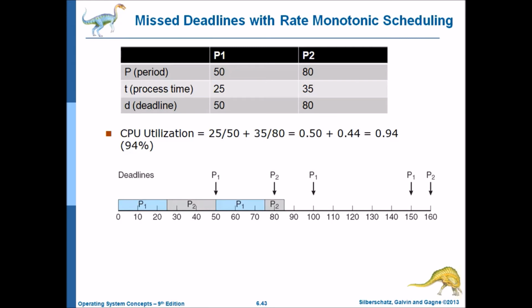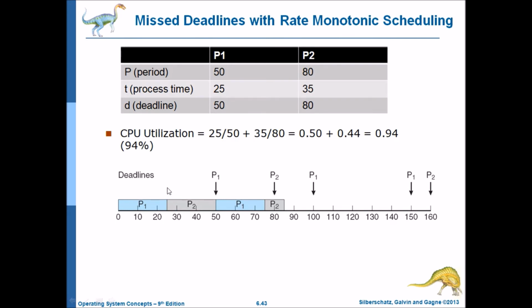With rate monotonic scheduling, P1 goes first because it has a shorter period. Again, P1 goes first and completes its first burst at time 25.